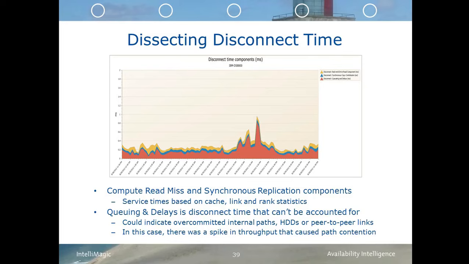Any remaining disconnect time may be attributed to queuing and delays. In this chart, you can see that there is a spike with quite a bit of unexplained disconnect time. This is likely because of a peak workload that caused path contention. If you see a constant high level of disconnect queuing and delays, this likely means that some component in the middle layer is overloaded.